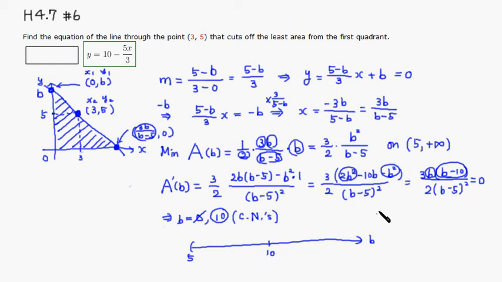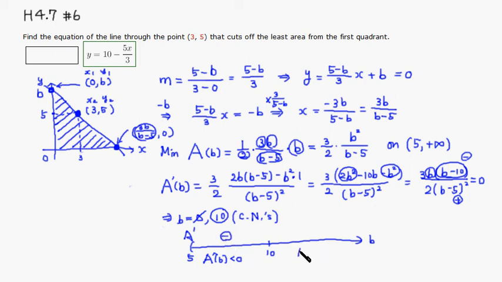So I'll try like 6 or something like that. Right? So if you look at the a prime of 6, we just want the sign, right? That's positive. 6 minus 10 is negative. And the bottom is actually always positive because of the square. So it's actually negative. All right, so a prime on this interval is actually negative.